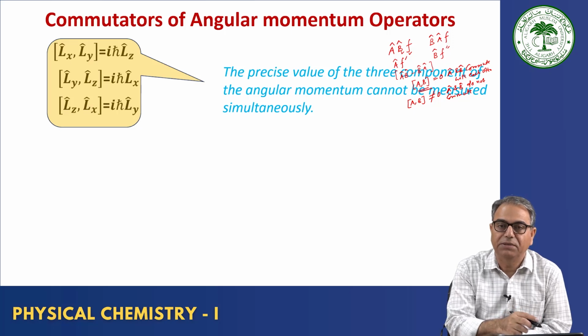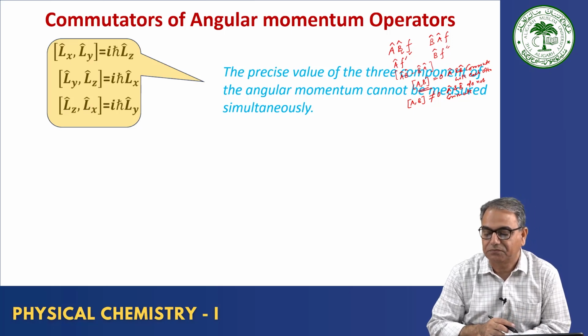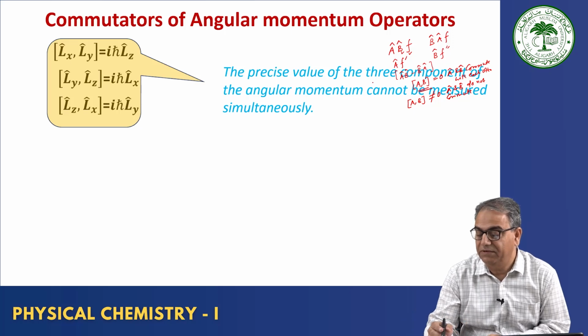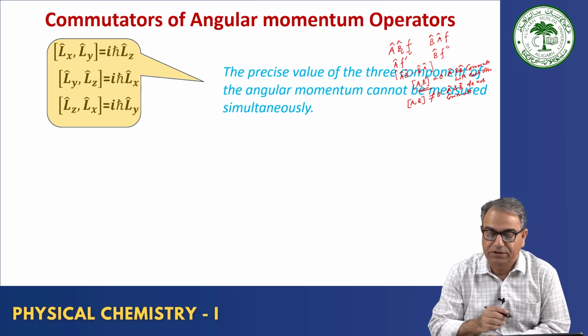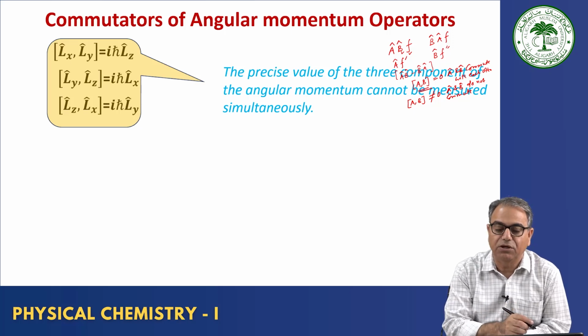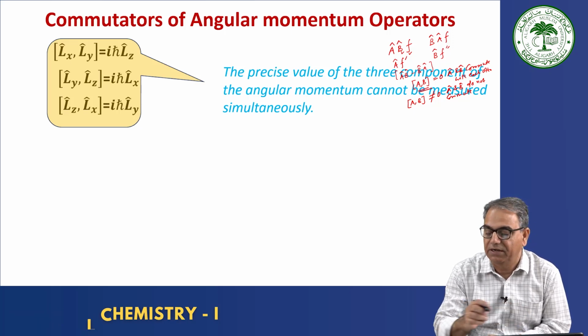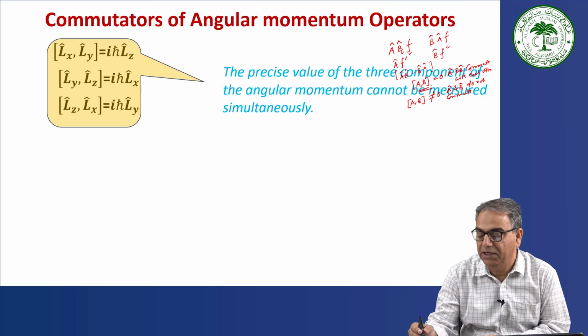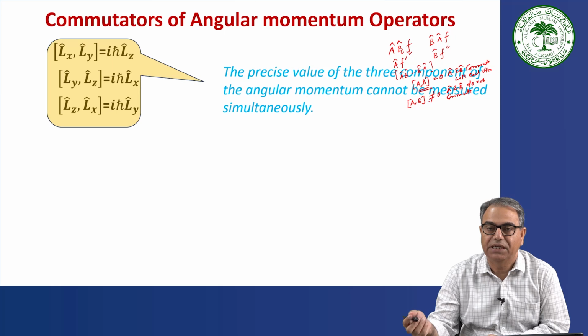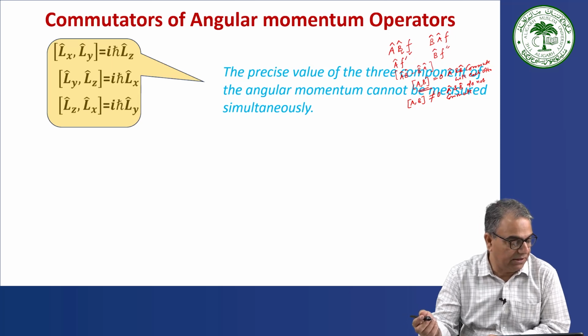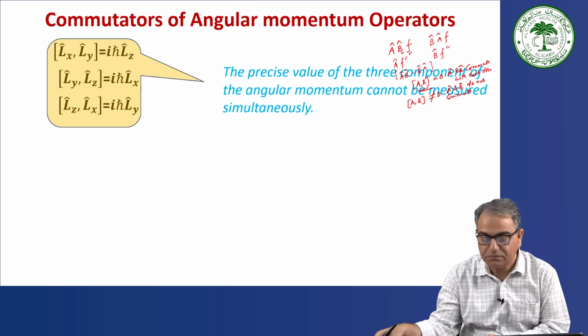They cannot be determined simultaneously and precisely. So this is the significance of the commutator relationship: whenever you have to see whether [A, B] is equal to 0 or not, whether they commute with each other or not. If it is 0, only then can you determine the values simultaneously and precisely. Otherwise, you cannot.